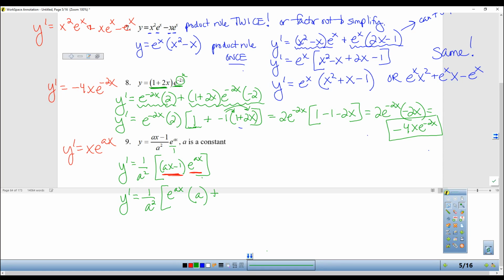Plus the first times the derivative of the second. And it's a little complicated, so I'm going to write it over here. I'm going to call it m. E to the ax. M prime is still e to the ax, but times the derivative of the u. So I get e to the ax times a.